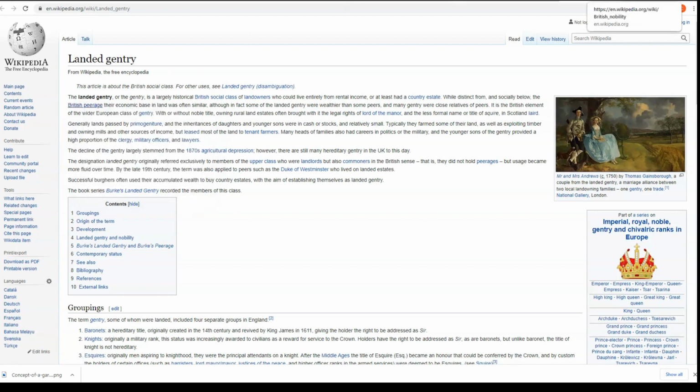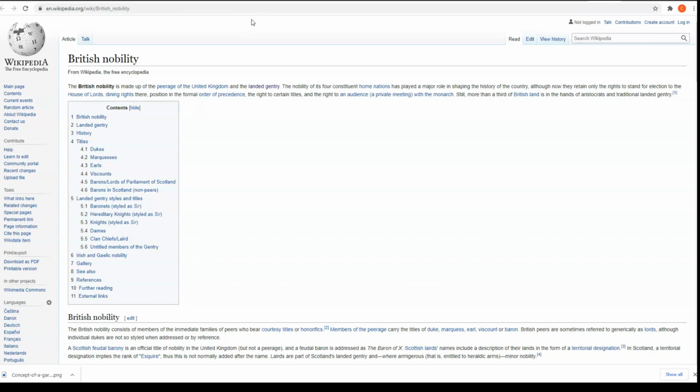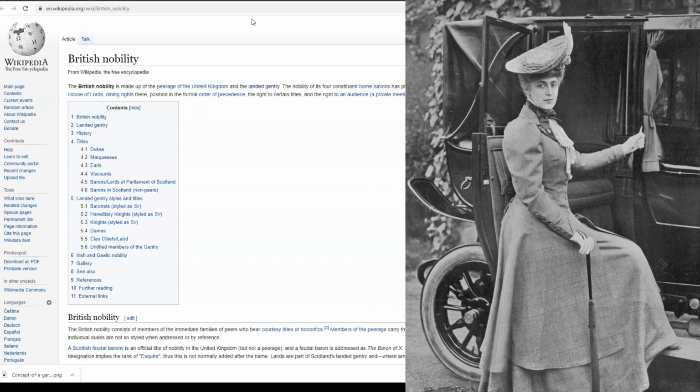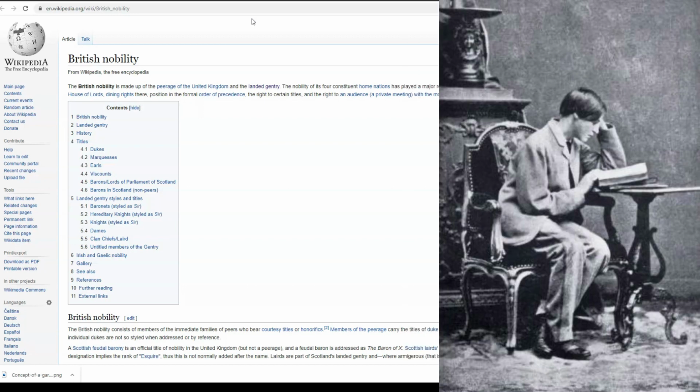British peerage. The British nobility is made up of the peerage of the United Kingdom and the landed gentry. The nobility of its four constituent home nations has played a major role in shaping the history of the country, although now they retain only the rights to stand for election to the House of Lords, dining rights, their position in the formal order of precedence, and the right to certain titles.